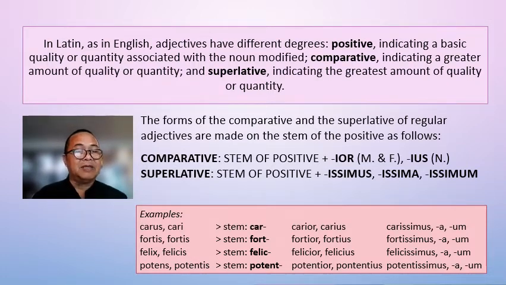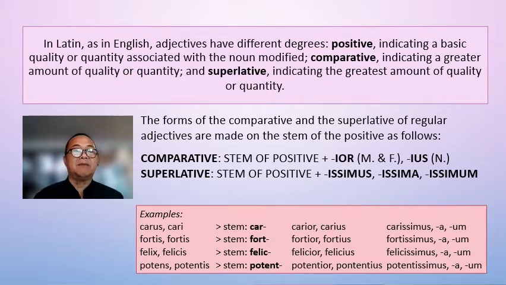And finally, the fourth example given there is potens, potentis. So the genitive is potentis, drop -is, and you will get the stem potent. And add -ior: potentior, potentius. So that is so far as the comparative degrees. Now, how about the superlative form? How do you form the superlative? The same stem, you will add -issimus, -issima, -issimum.